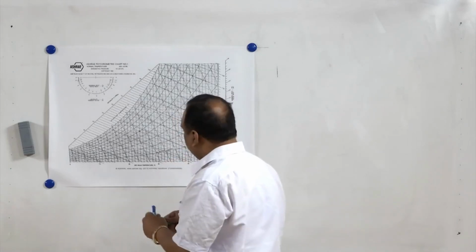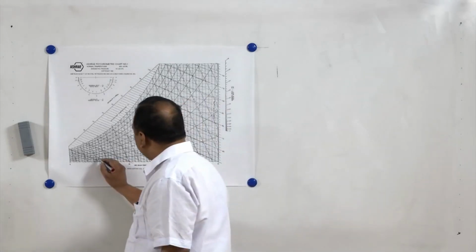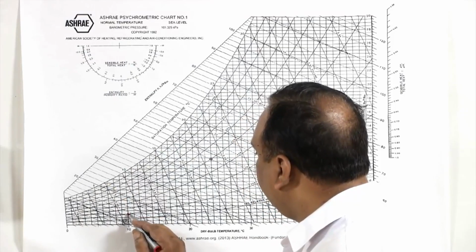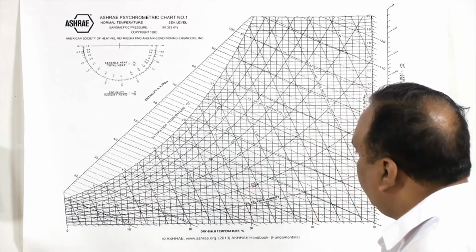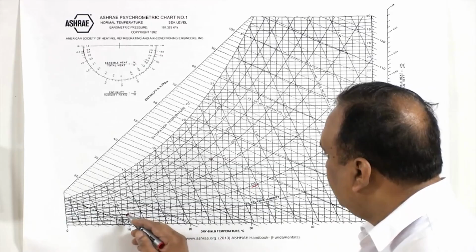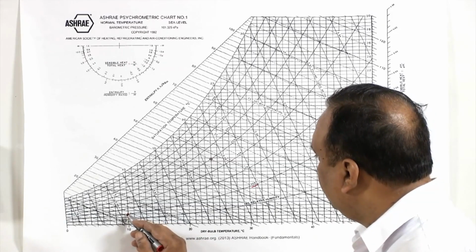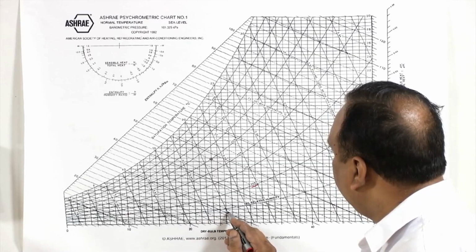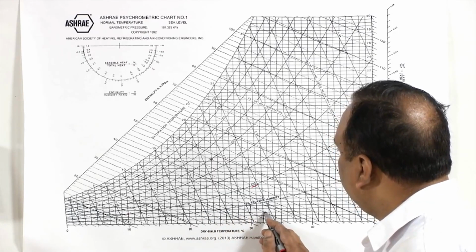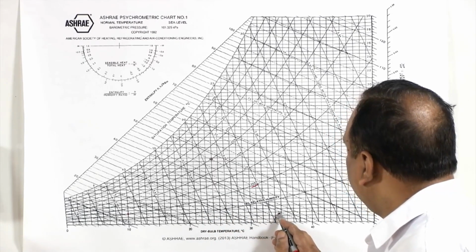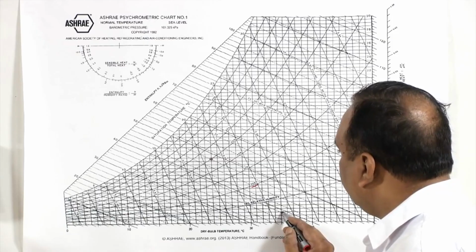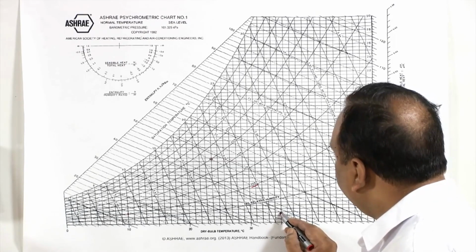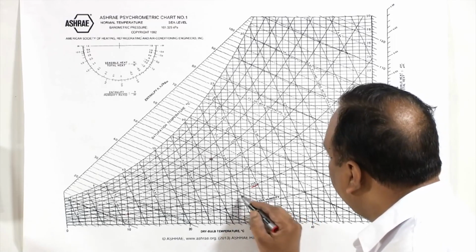So, here we will come back to this heating process. At 10 degrees centigrade and 20% relative humidity, the air is heated, let us say up to 35 degrees centigrade, and after heating to 35 degrees centigrade, evaporative cooling can be done.